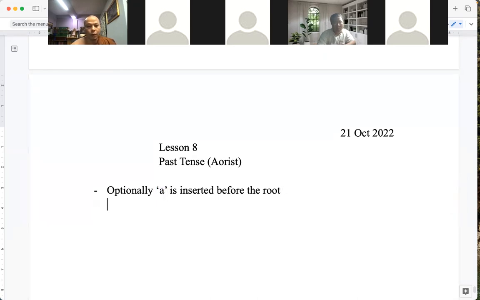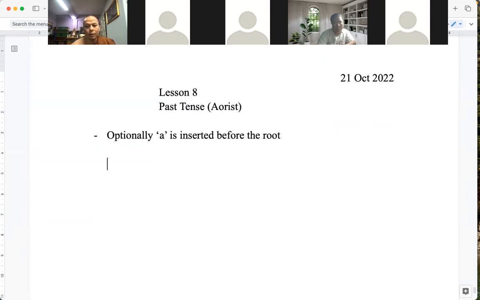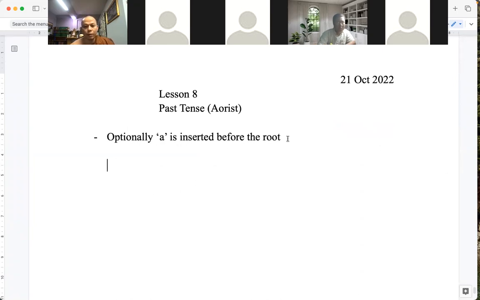Optionally means that in some forms, there can be two forms: one with the insertion, and one without the insertion. Now, the past tense verb terminations.